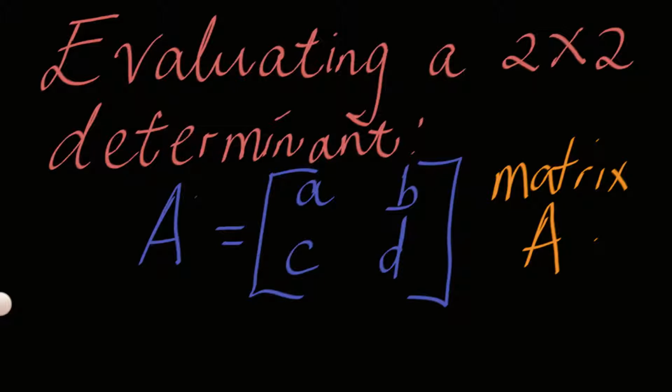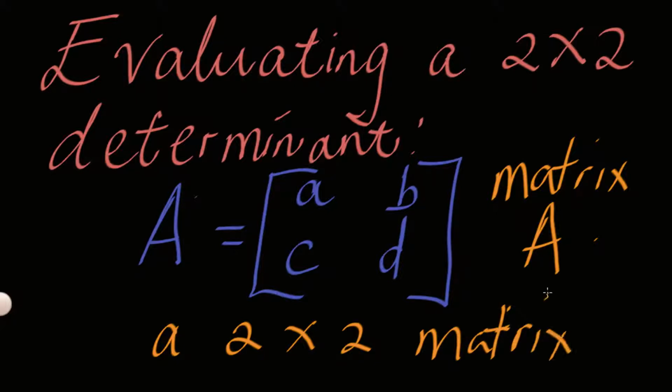I can find the determinant of matrix A. Check the difference between the way I present a matrix and how I present a determinant. There's just a slight difference, but take note of that. So this is matrix A, and we can evaluate the determinant of matrix A. This is a 2 by 2 matrix.